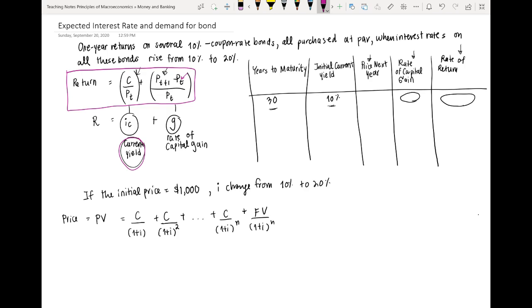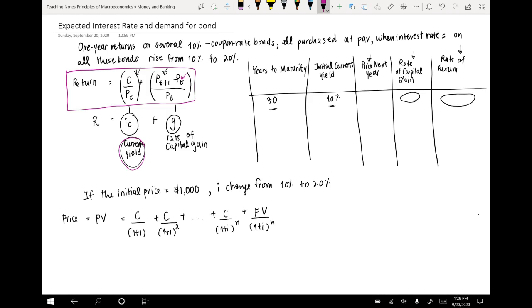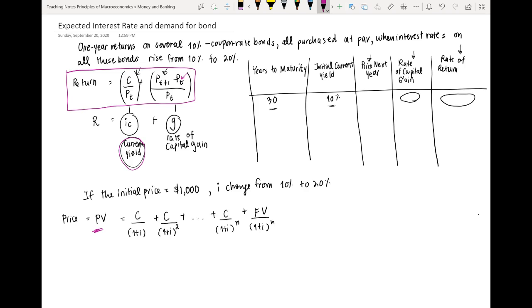First of all, from the coupon bond price formula, we get PV, present value, equal to price, equal to the cash flow in the future, right? Plus, at the end of the year, you're gonna get face value back, but cash flow in the future, you have to discount back using that interest rate that you think it's gonna be. So right now, it's not gonna be 10% anymore. It is 20% because the expected interest rate has changed.